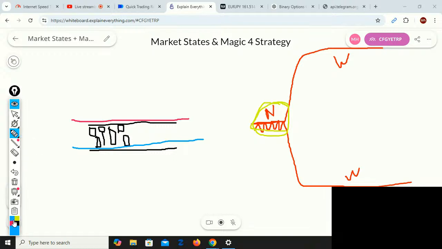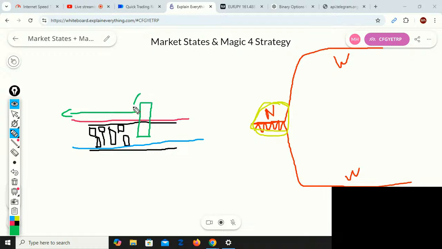So first, let's define our buy setup. Whenever you are in this state and you see a strong bullish engulfing candle that has a decent sizable bar, you need a sizable bullish bar that is bigger than anything you see on your left side.